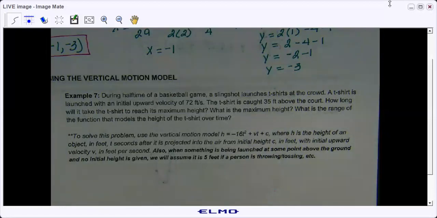So the first thing that we're going to try to do here is figure out how long it takes to get to its maximum height of 35 feet. Yes, you're figuring out for the t. In this equation, and it has everything to do with what we just did, negative 16t squared plus vt plus c, let's go ahead and write out this equation and plug in what we know.